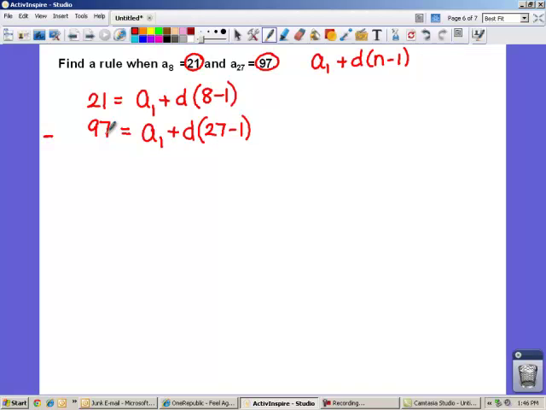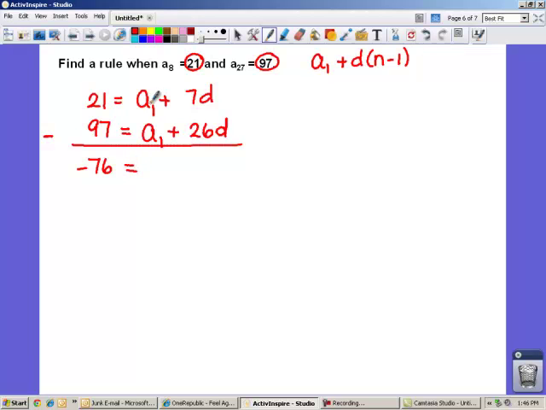And if you also notice, we know what 8 minus 1 is. That is 7. So I'm going to write this as 7d. And down here we have 27 minus 1, so that's going to be 26d. And now what I can do is subtract these. So 21 minus 97 is negative 76.